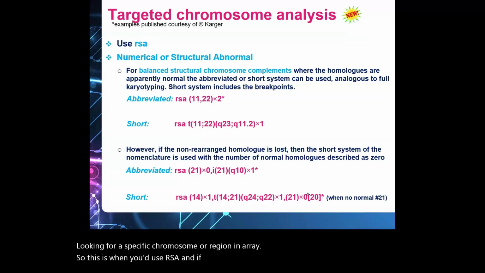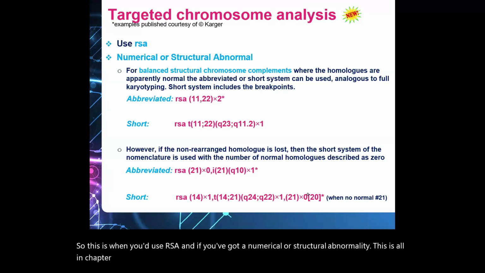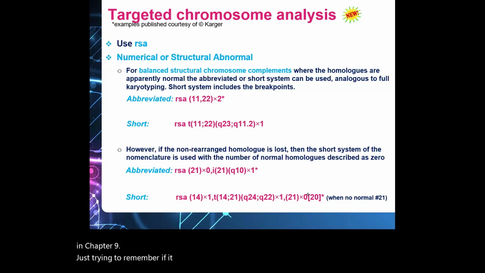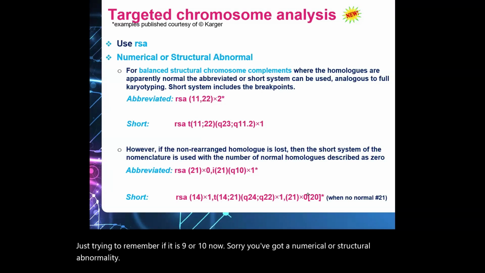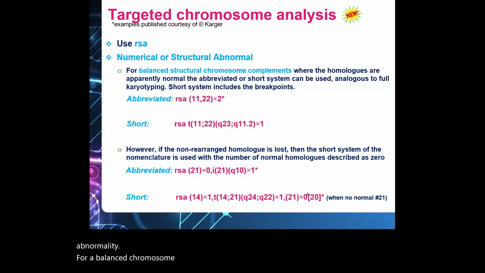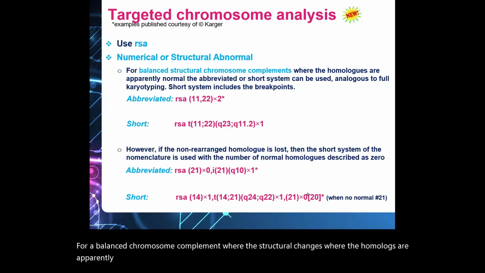And if you've got a numerical or structural abnormality, this is all in chapter 9. Just trying to remember if it is 9 or 10 now. Sorry, you've got a numerical or structural abnormality for a balanced chromosome complement, where the structural changes, where the homologue is apparently normal, the abbreviated or the short system can be used. It's chapter 10.